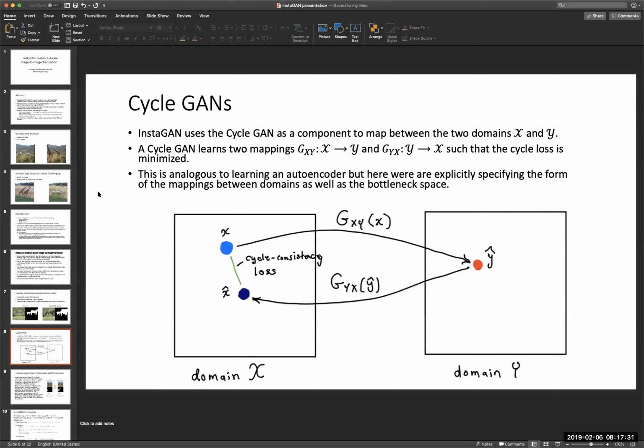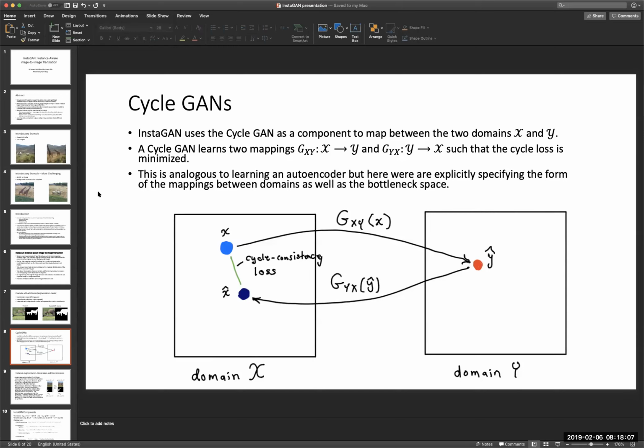This picture shows the transformation of X through two transforms back to itself. It's analogous to learning an autoencoder, but we're explicitly specifying the forms of the mappings between the domains, as well as perhaps, analogously, this bottleneck space.